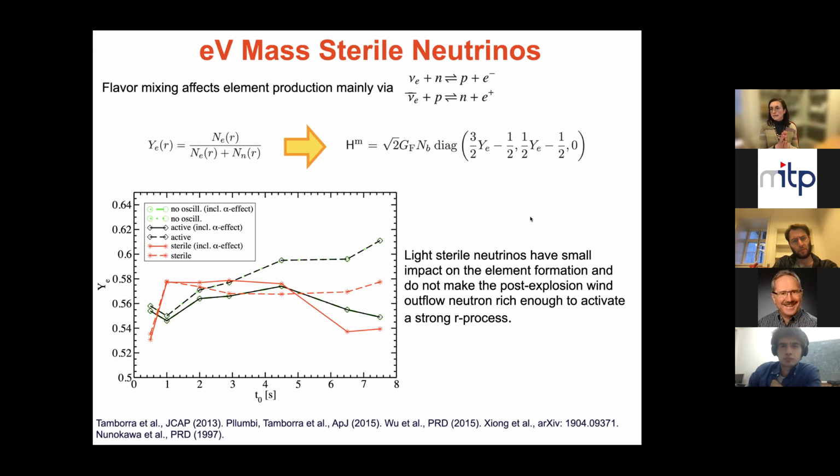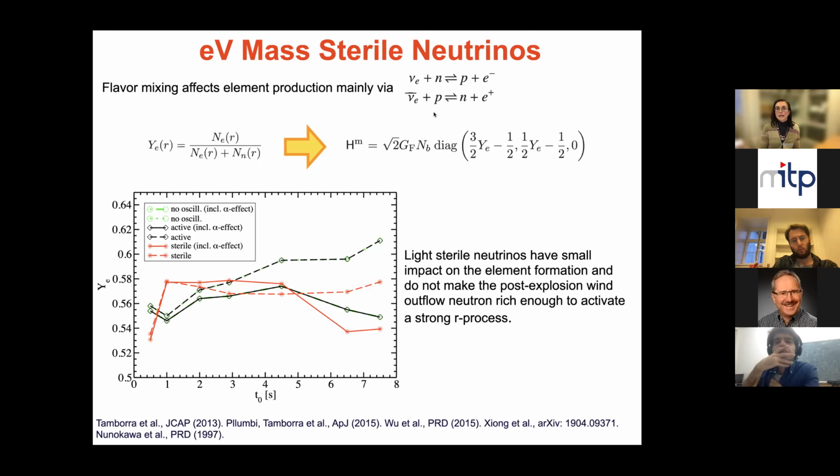But the difference is that they occur slightly outside, so not really in the protoneutron star, but in the outer regions. And the largest effect in this case occurs during the cooling phase of the supernova, where it could affect basically the electron abundance, and therefore the nucleosynthesis occurring in the outflows that we have in the late phase of the supernova emission.